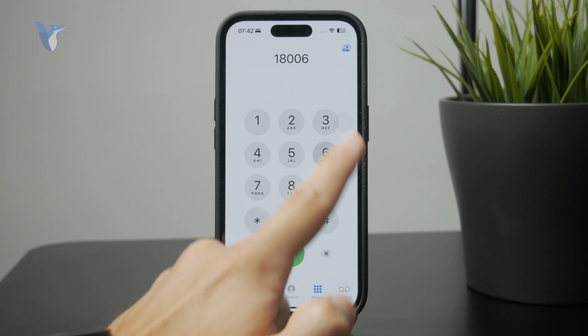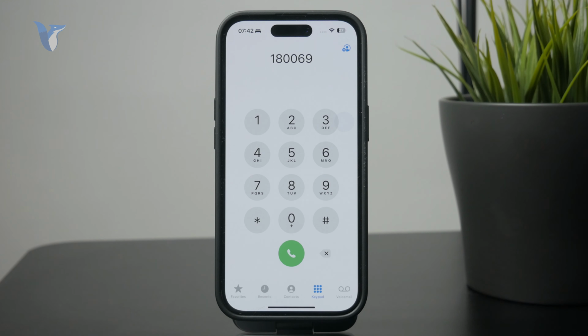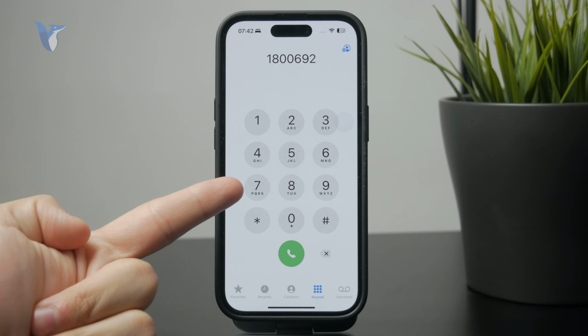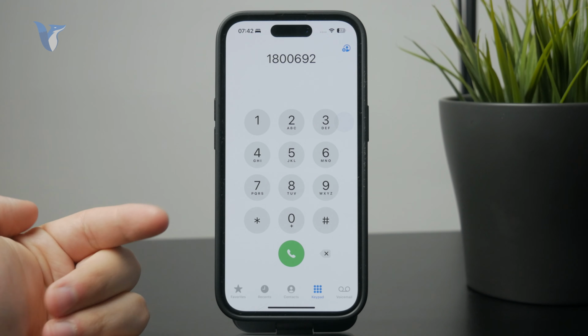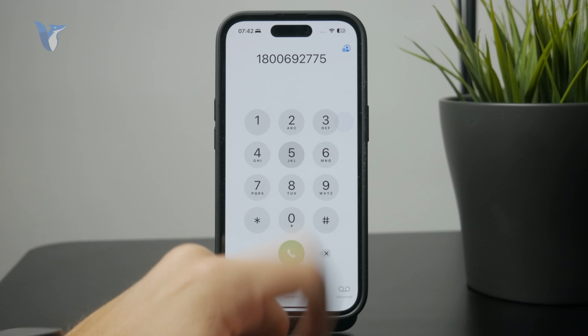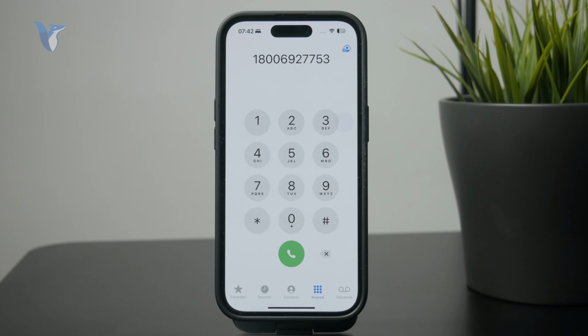The Y is on a 9, so we have MY. Then there is the Apple, A is number 2. Then we have the P, double P for Apple, so that means 777, and then L for the 5, and E is number 3. And right now I have typed in 1-800 my Apple, which is their support number, right?